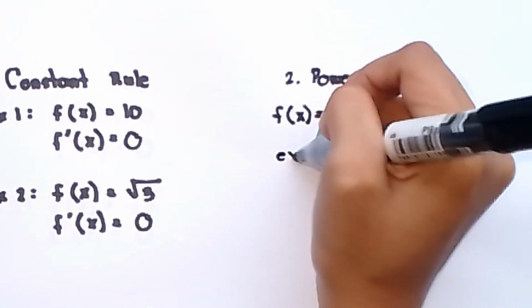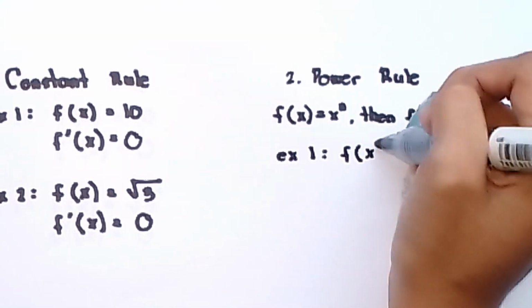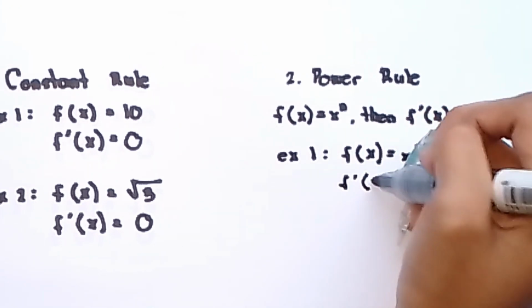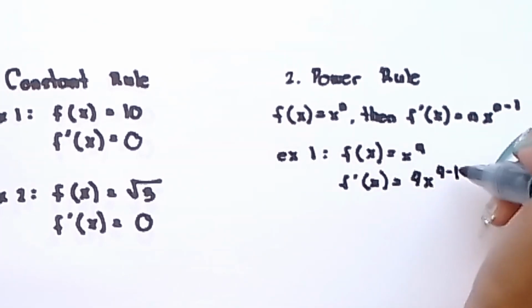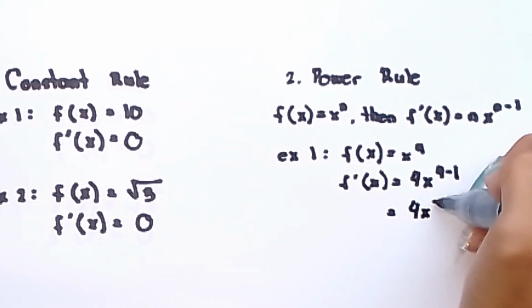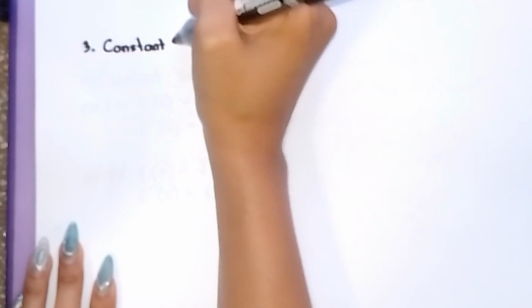So we have here example number 1, where f of x is equal to x raised to 4 and the derivative is equal to 4x raised to 4 minus 1. So 4 minus 1, we have 4x raised to 3. From the given formula, you just need to minus 1 from the exponent.